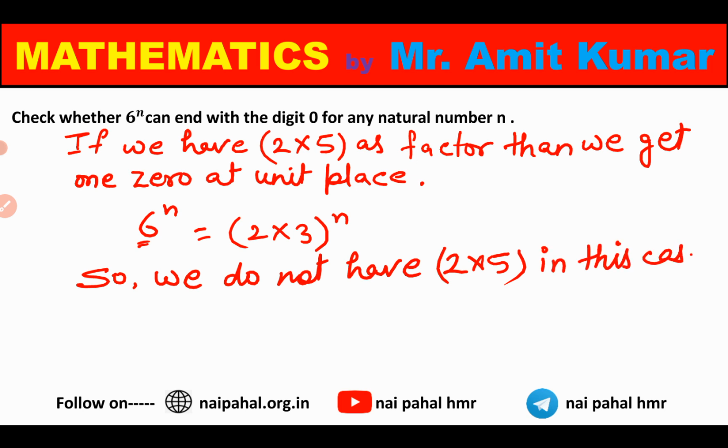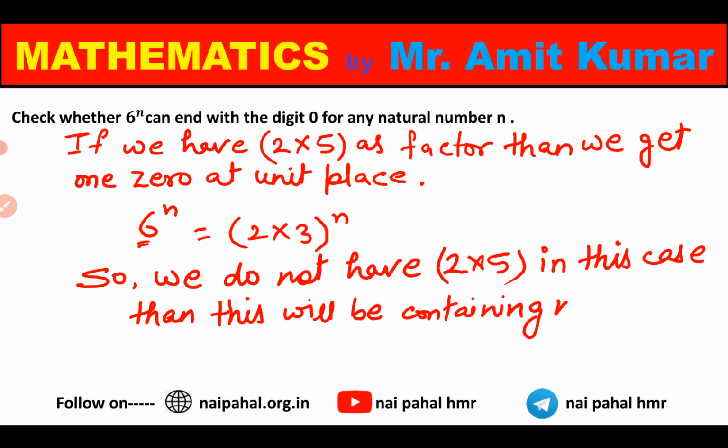In this case, this will be containing no zeros at the unit digit. Now let's move on to the next.